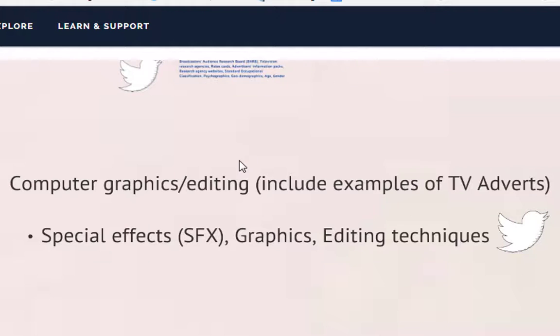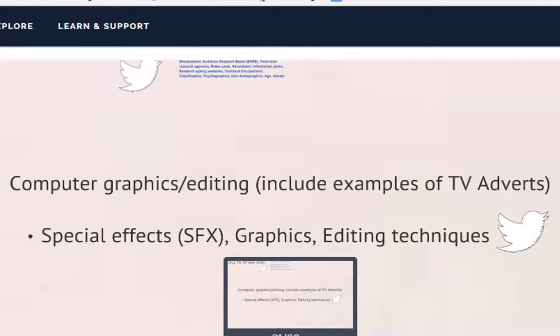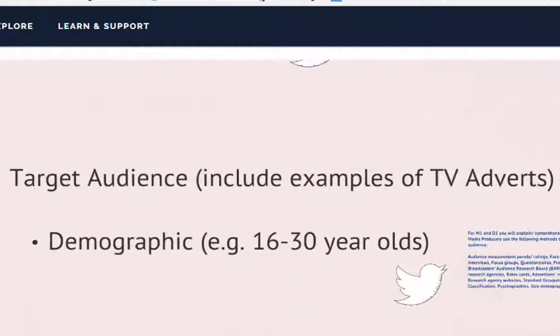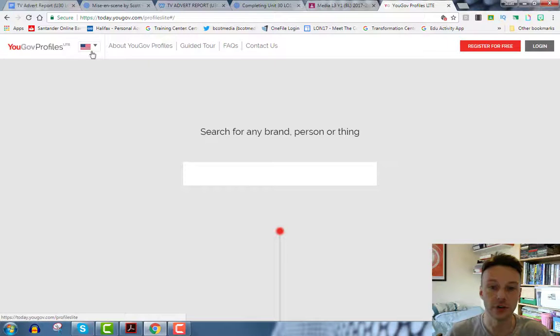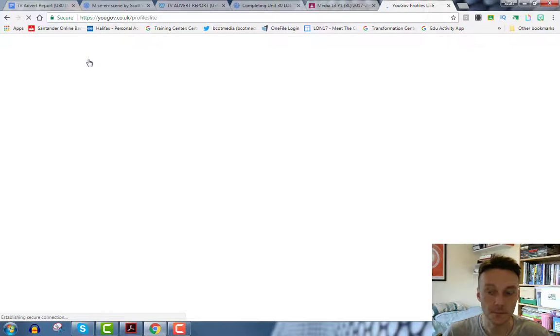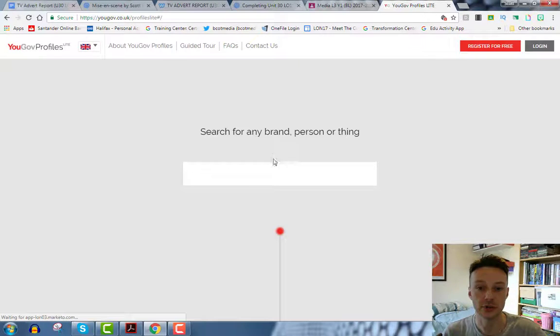So for this part of the report, you may need to consider the demographic. I also want you to consider the psychographic profile, the hobbies, interests, lifestyle, other things that the audience might be interested in. YouGov profiles is really useful for you, helping you to find out who the audience is for a particular product.